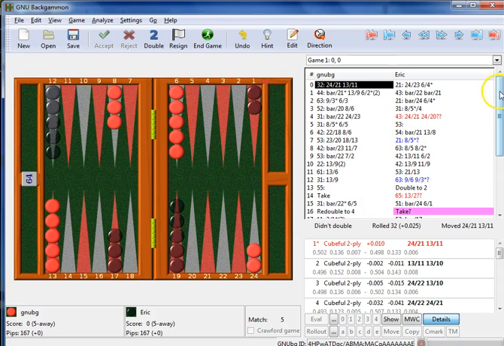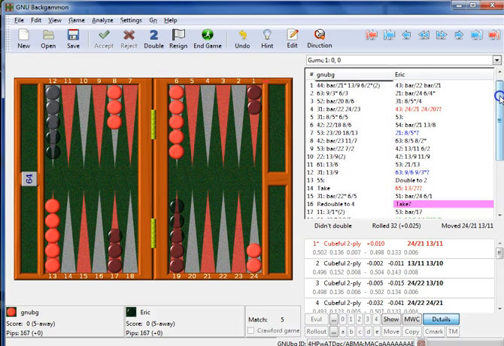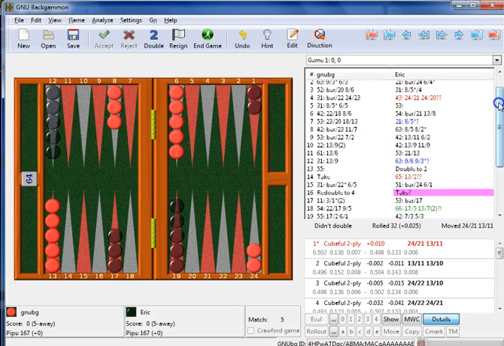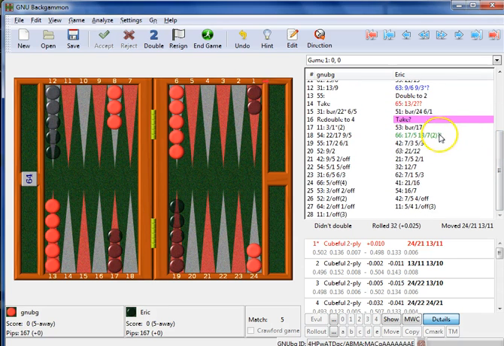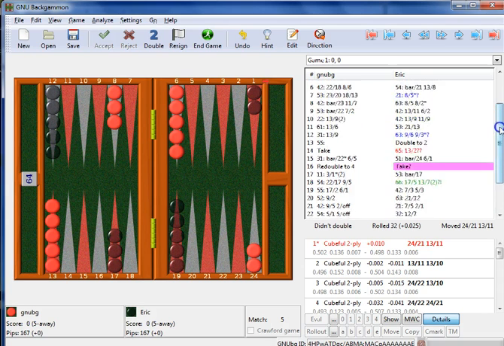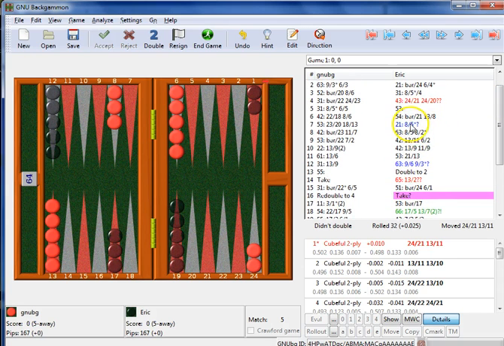And if there's a checker play that it thinks is doubtful, so it's pretty sure it's a wrong move, it codes it with green text. So you can see I've got a doubtful checker play in green here, and a couple of bad checker plays, a couple of very bad checker plays.